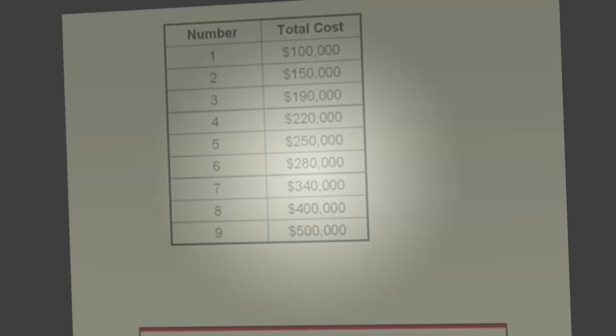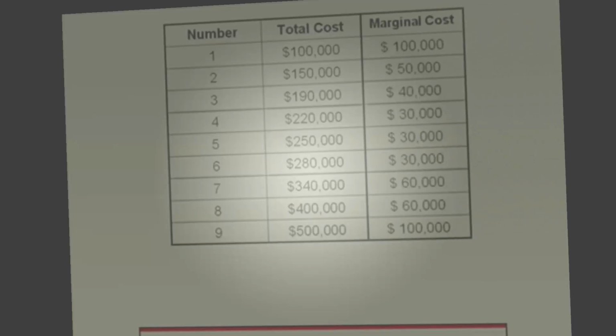So the marginal cost would be, for the first unit, 100,000. For the second unit, 50,000. For the third unit, 40,000, and so on.